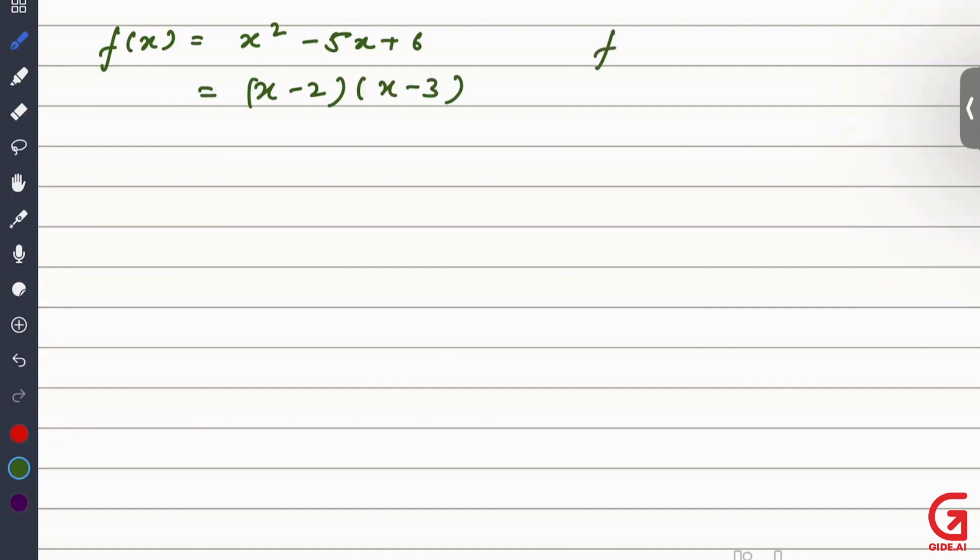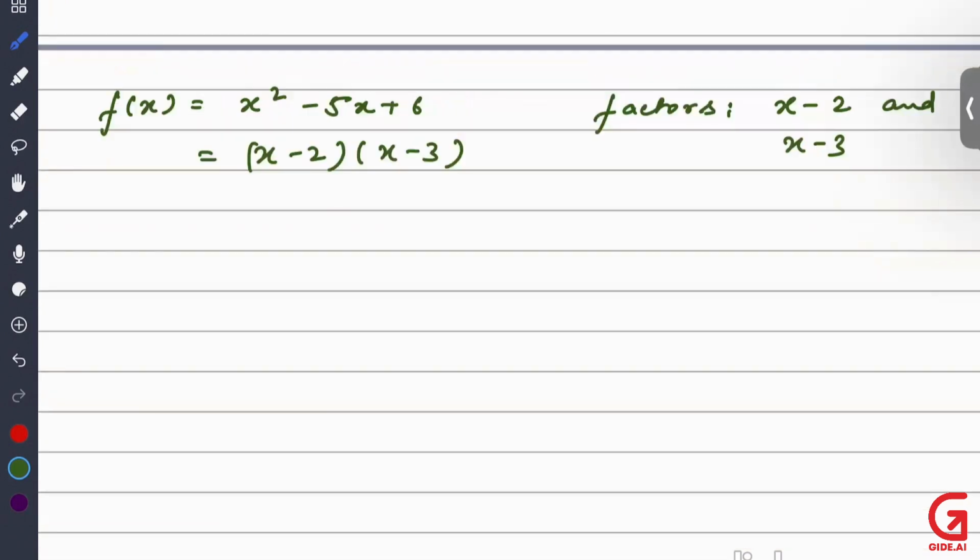The factors are x - 2 and x - 3. If the factors are x - 2 and x - 3, how do you get the factors? You look at the roots. What are the roots? The roots are 2 and 3. So if 2 and 3 are the roots, the factors would be x - 2 and x - 3.